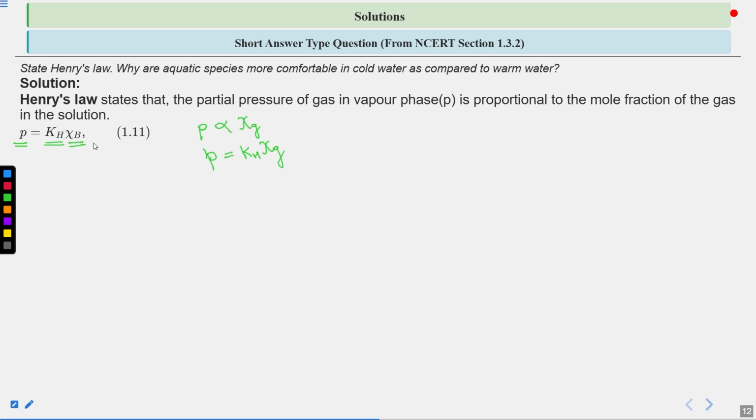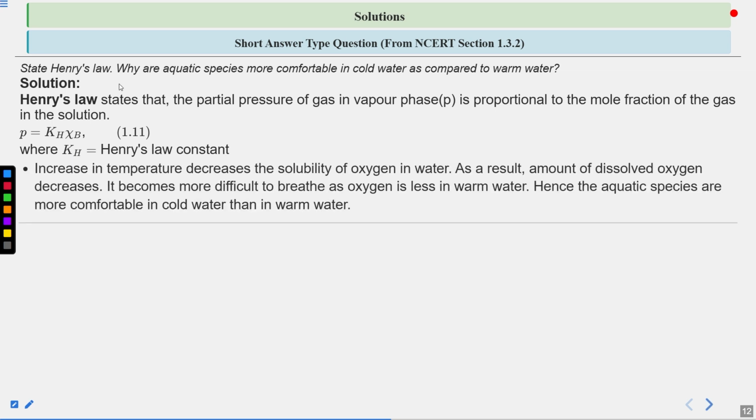So this represents what Henry's law states, that the partial pressure of a gas is proportional to the mole fraction of the gas in the solution, and when you remove the proportionality sign, a constant comes, and you name this constant after Henry, which is Henry's constant. So kH is Henry's law constant.